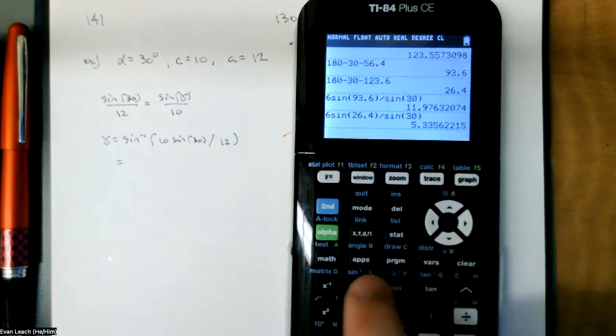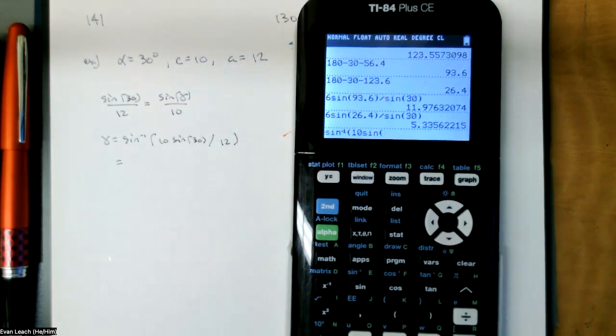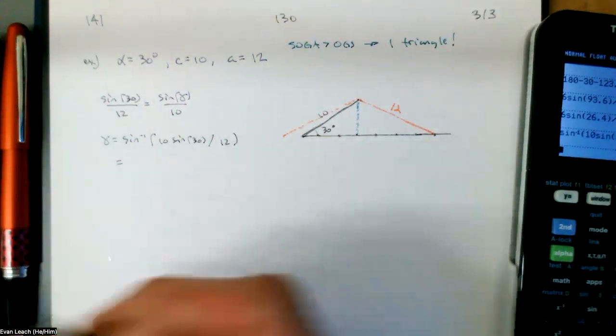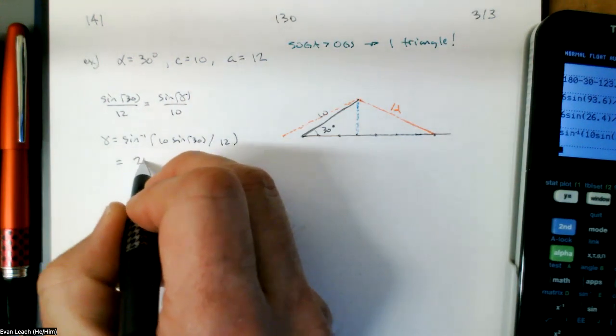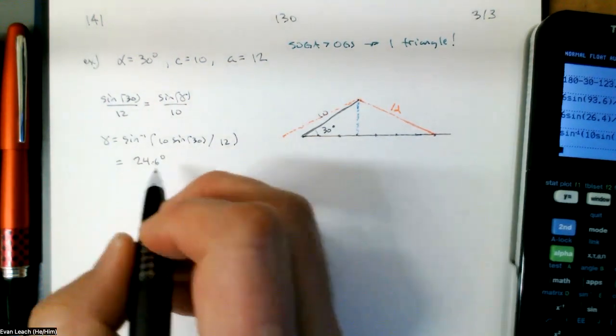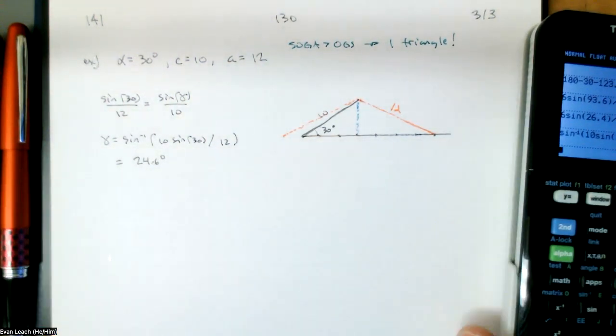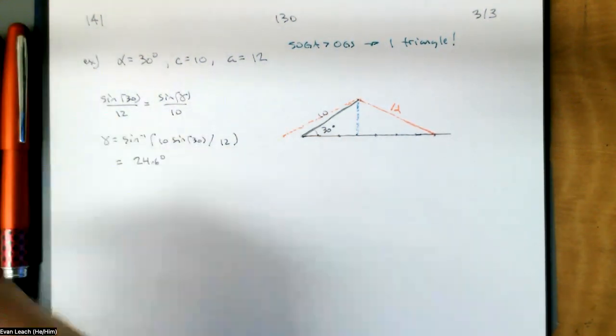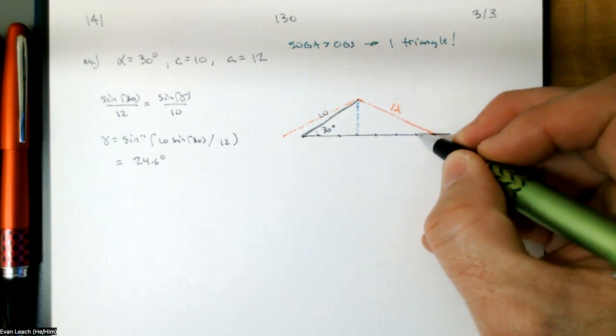So we'll do the sine inverse of 10 times the sine of 30 divided by 12 and get 24.6. So this 24.6 degree angle is going to be the angle in here.